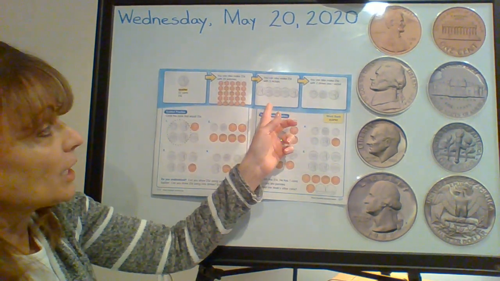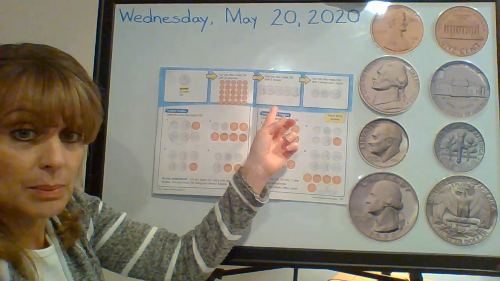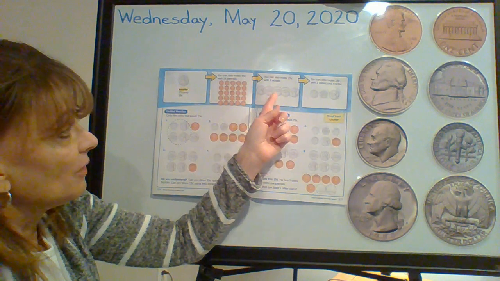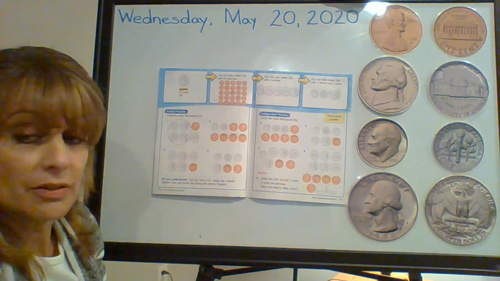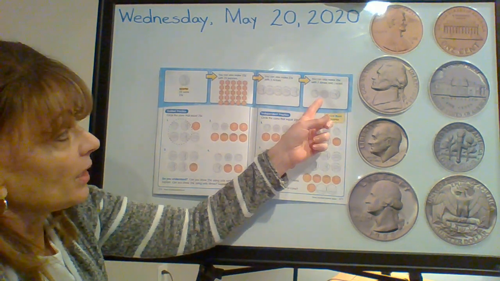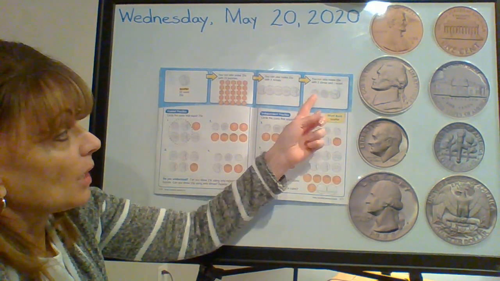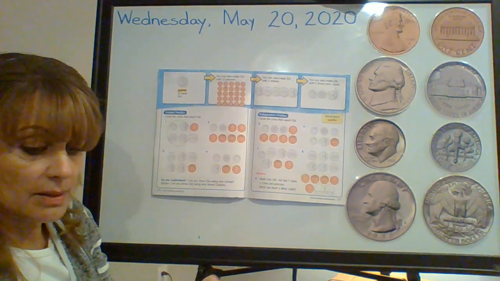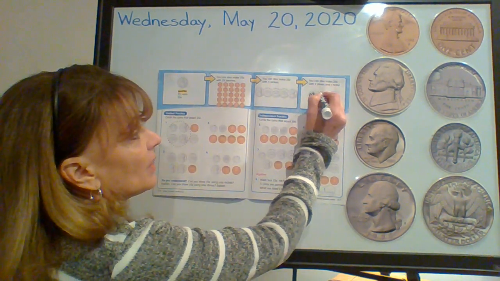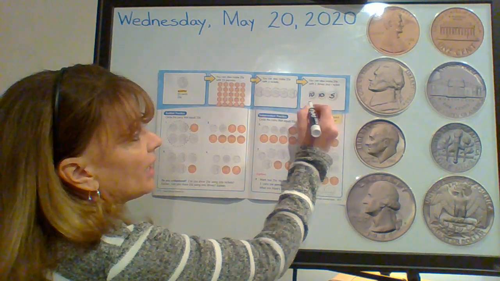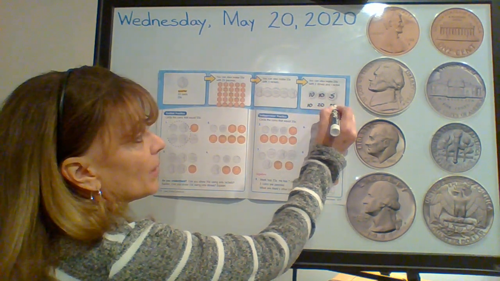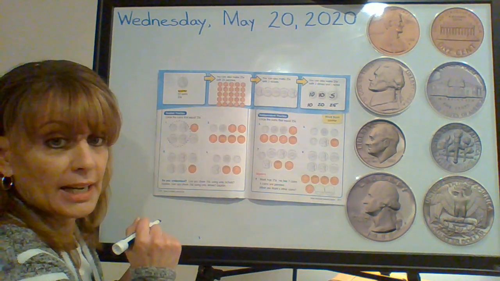You could also make 25 cents with 5 nickels because you know you can count by 5s. So 5, 10, 15, 20, 25. You could also make 25 cents with 2 dimes and 1 nickel because if this is 10 and this is 10 and this is 5, we would say 10, 20, 25, right?